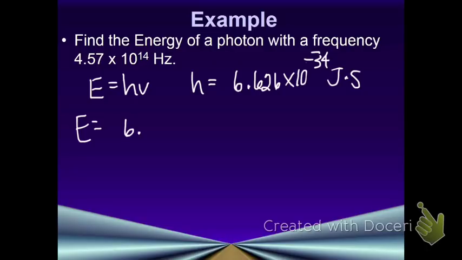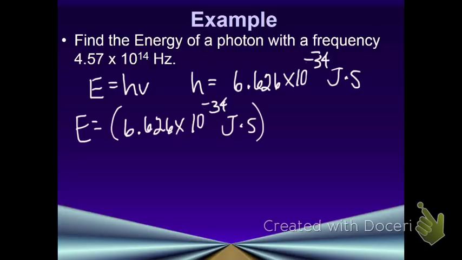So 6.626 times 10 to the negative 34 joules times second, times our frequency. Remember, that's the same thing as seconds to the minus 1. And then we're going to plug in 4.57 times 10 to the 14 seconds to the minus 1.